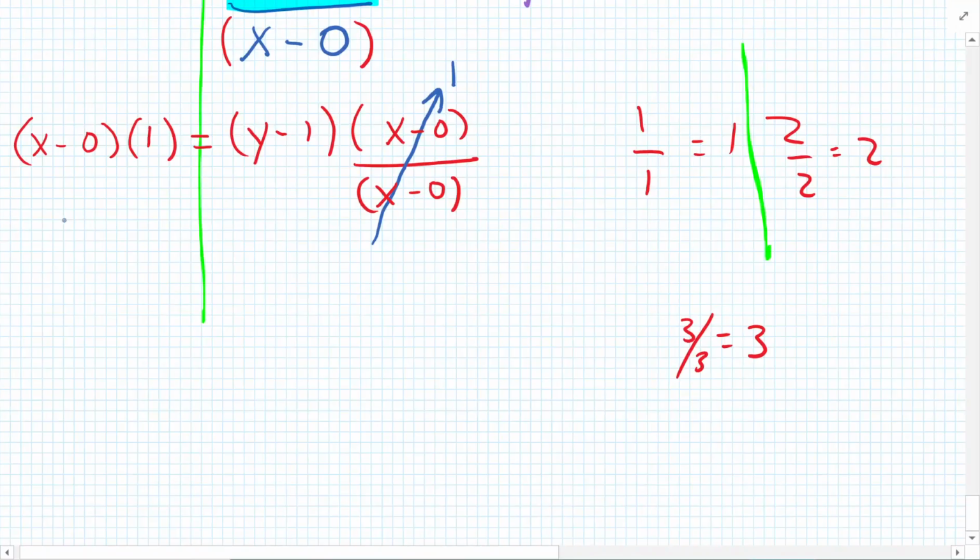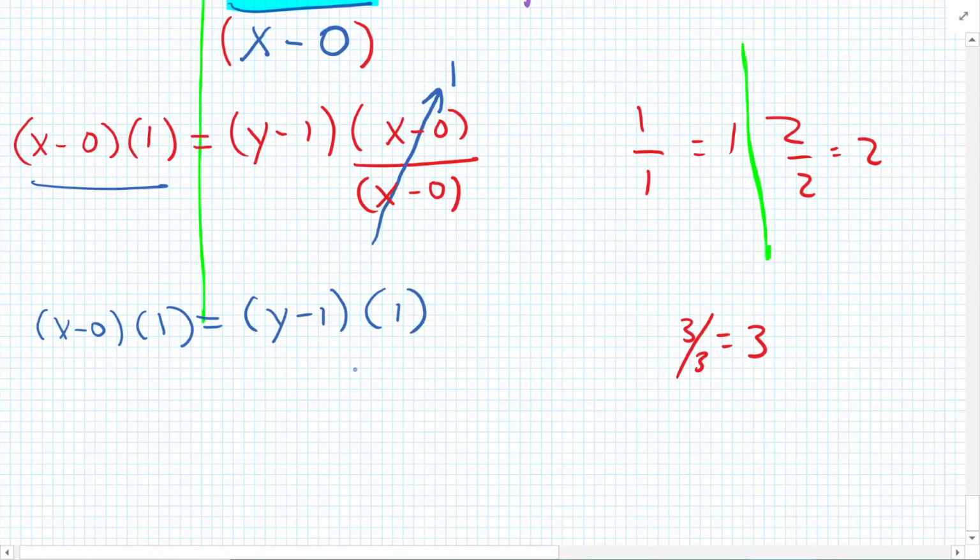Let's look at the left side of the equation over here and rewrite it. So we have x minus 0 times 1 equals y minus 1 times 1. Okay.